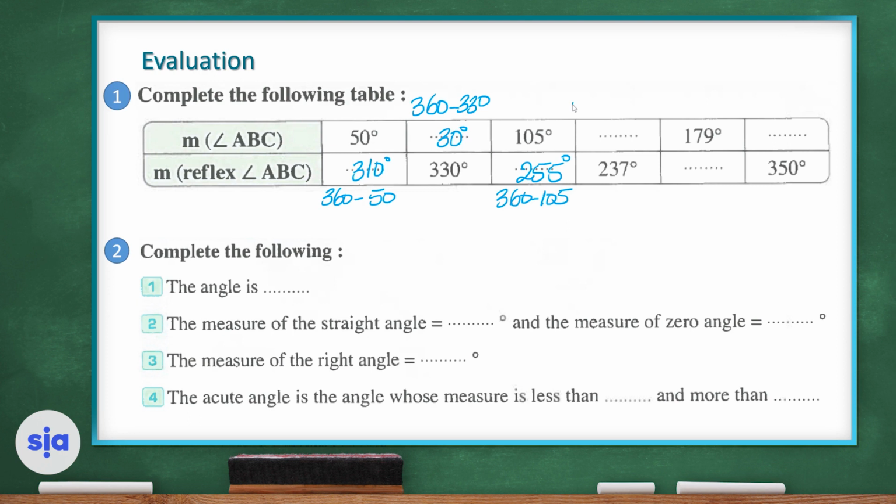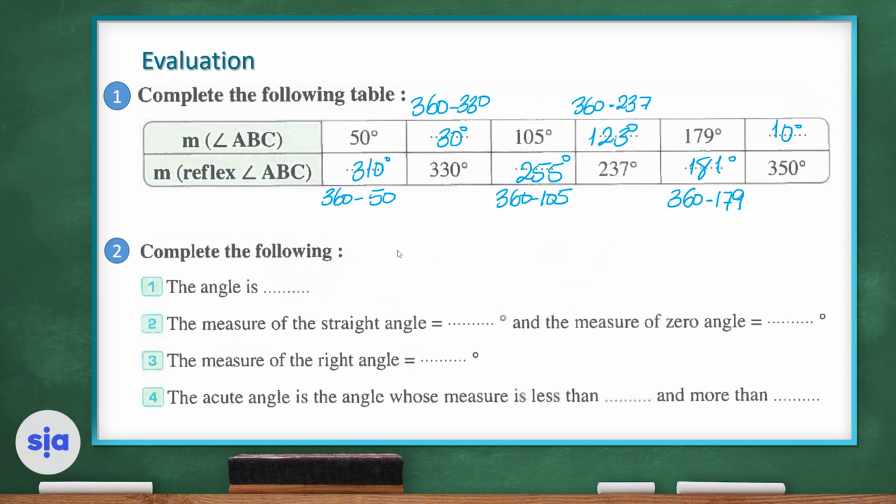And this one is 360 take away 237, which is 123 degrees. And for the 179, its reflex angle will be 360 minus 179, which is 181 degrees, where this one is 10 degrees.